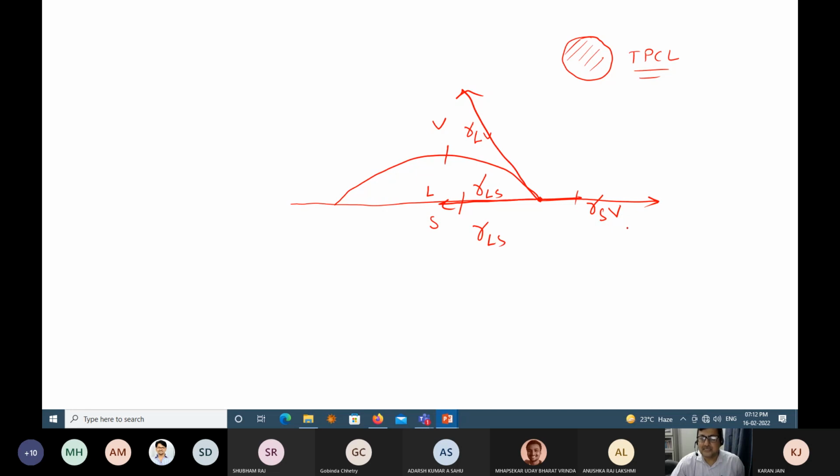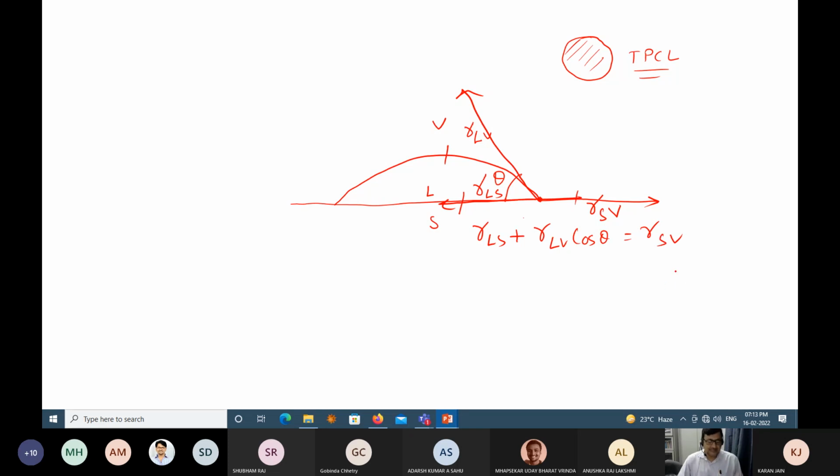This force is gamma SV. If I do a force balance in the x direction, gamma SV is counterbalanced by gamma LS plus, if I define this angle as the contact angle theta, gamma LV cos theta, which is equal to gamma SV.